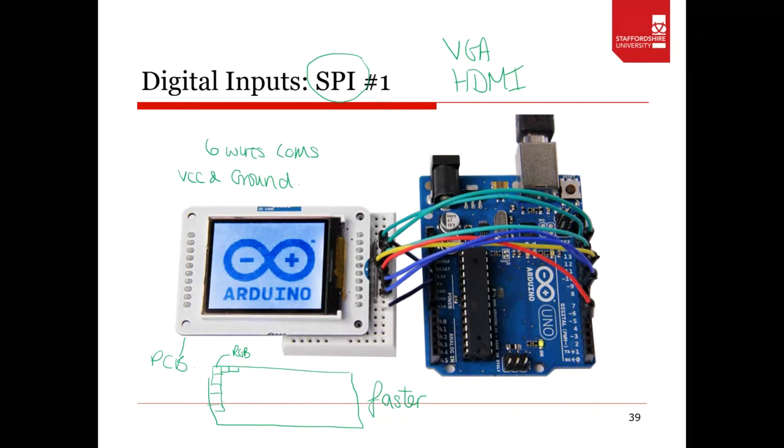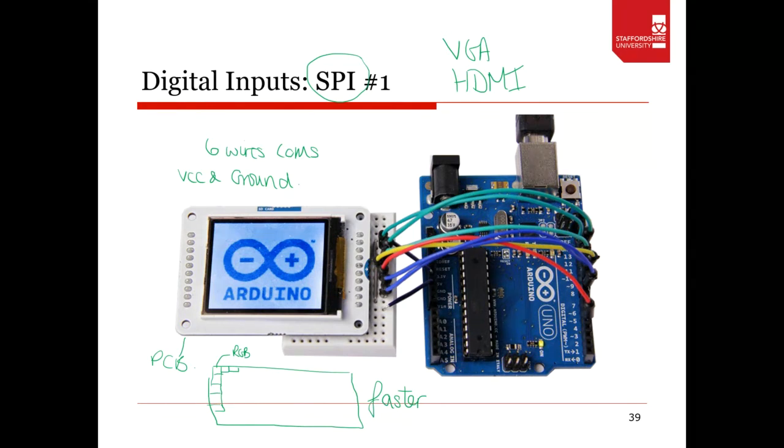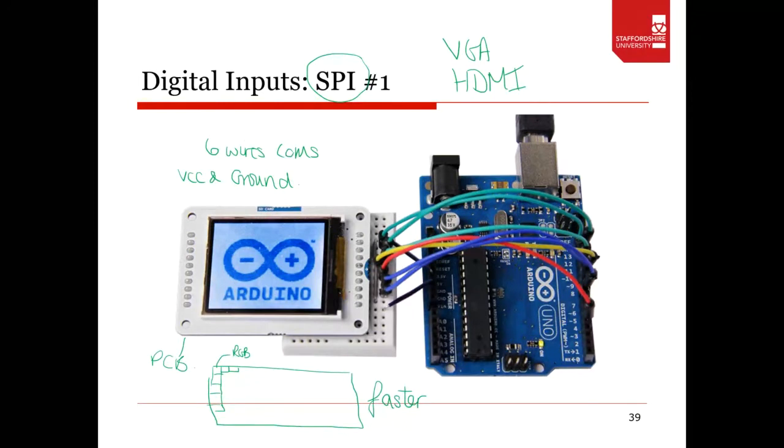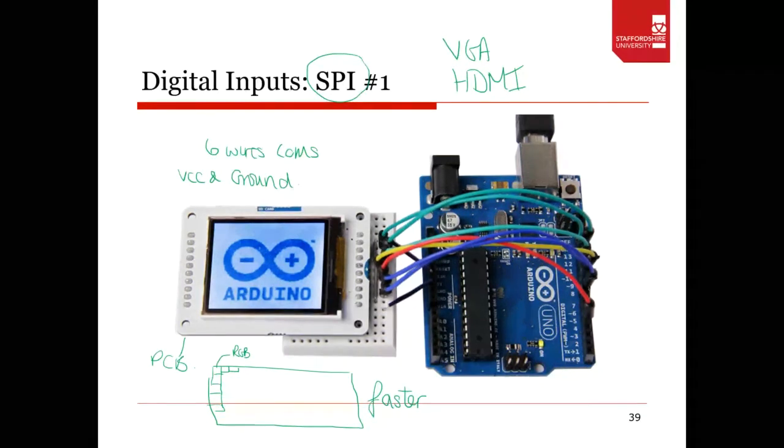So we can use the serial to parallel interface to control a simple RGB screen, but we can also use those other more complex cables and protocols to communicate with more complex devices.